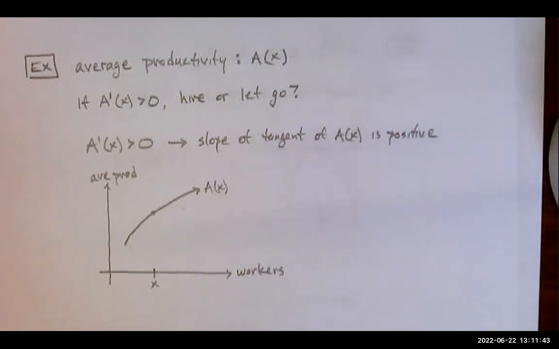But it is possible that you might hire more people and everyone's average productivity actually increases, maybe because it makes things more efficient. Maybe in this factory we want to specialize a little bit more. I want some employees only doing one job, and they get really good at that one job and they're super efficient.